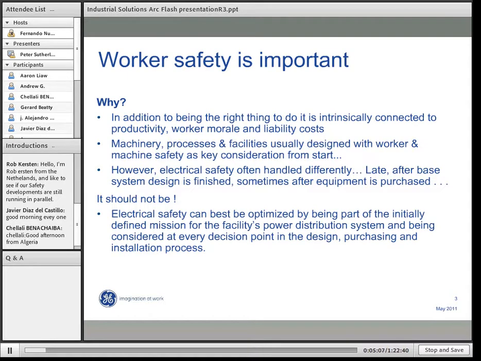For example, when you have an accident, you do lose production time, and it does make other workers more nervous and develop negative attitudes, which is not good. And there is also always the liability issue in that workmen's compensation cases and lawsuits can come out of worker injuries.